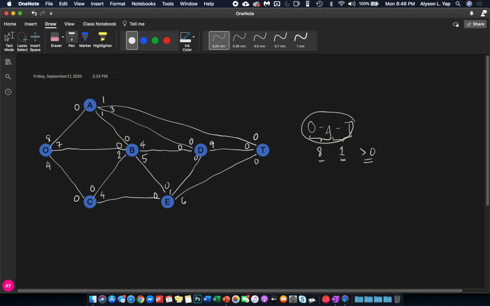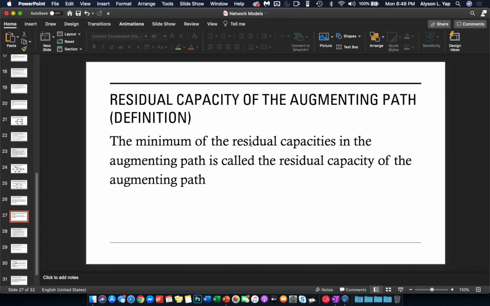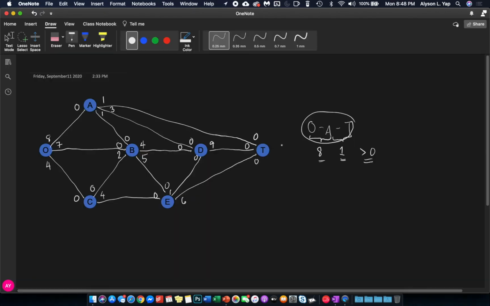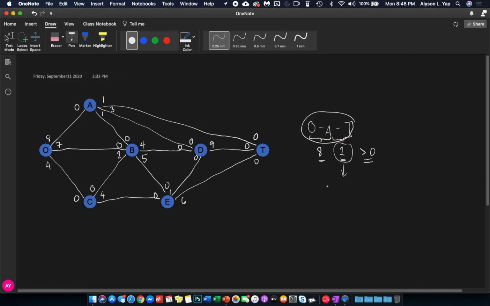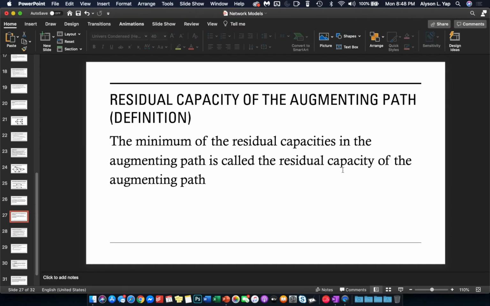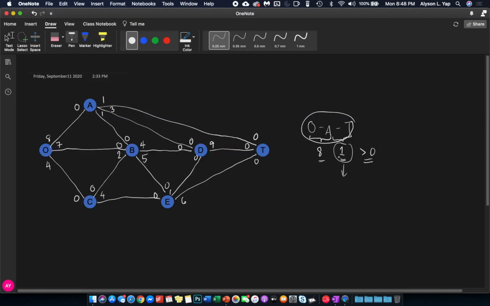Given that OAT is an augmenting path and 8 and 1 are what we call the residual capacities, then the minimum of these residual capacities, which is in this case 1, is what we call the residual capacity of the augmenting path.